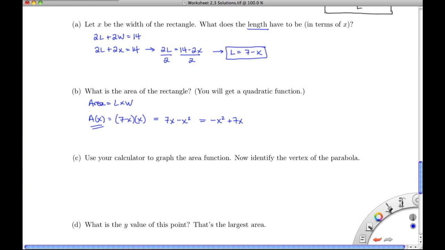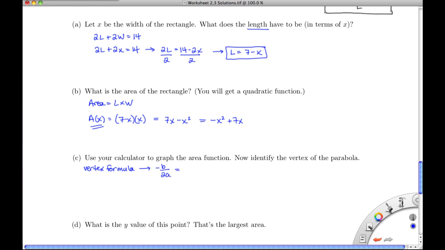Just in case your batteries die and you're left hanging, this is how we would find the vertex by hand. We can use the vertex formula. We first calculate minus b divided by 2 times a.